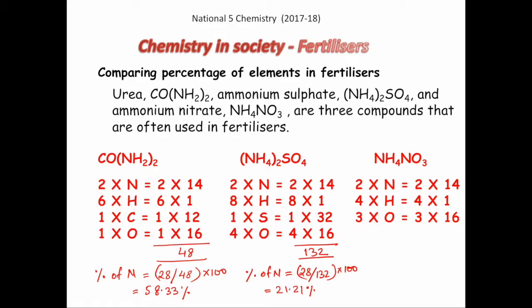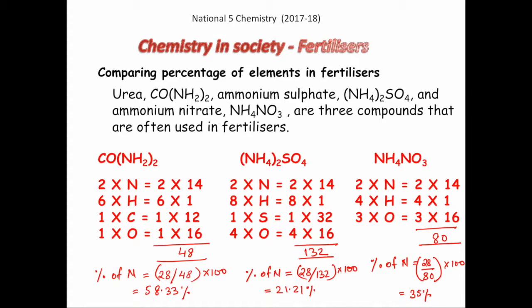Finally, ammonium nitrate, the molecular mass for ammonium nitrate would be 80, and the percentage of nitrogen would be 28 divided by 80 times 100, and this gives you 35%. Of the three fertilizers, I would prefer to use urea as it gives me maximum amount of nitrogen or maximum percentage of nitrogen by mass.